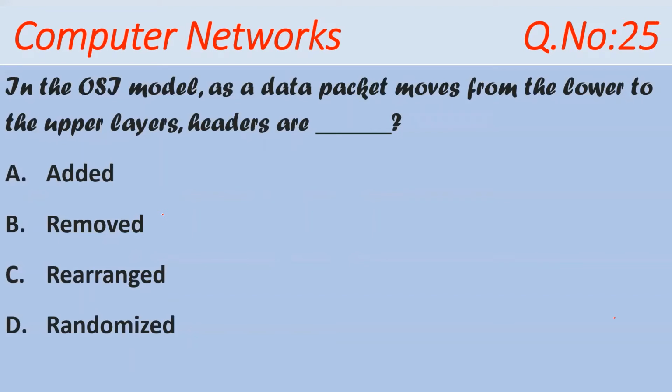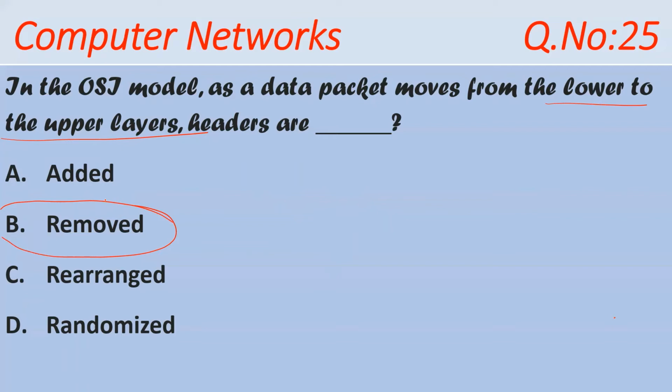In the OSI model, as a data packet moves from the lower to the upper layers. In the previous question, I told you headers are added when data moves from the upper layers to the lower layers. As the data moves from the lower layers to the upper layers, the headers are removed.